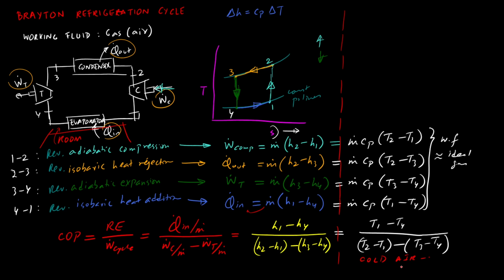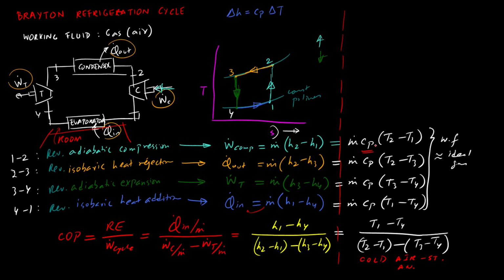And within the cold air standard analysis, I also need to relate the temperature ratios, because if I know the temperature at 1, then how do I find out the temperature at 2 if all these are unknowns? In that case, for isentropic processes, we have relationships that are available.